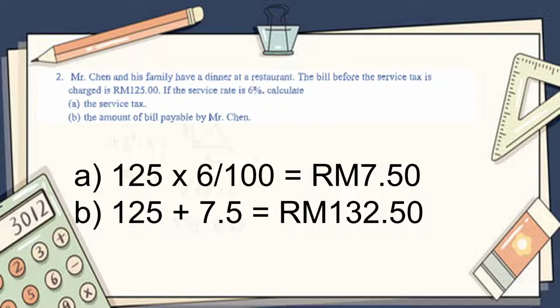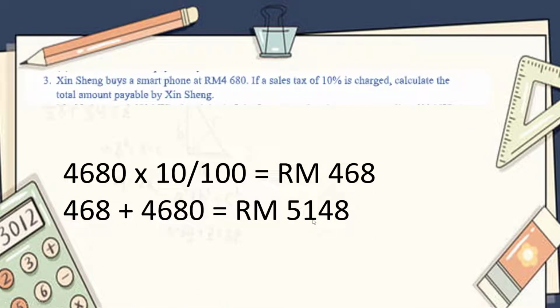And the amount of bill payable by Mr. Chen is 132 ringgit and 50 cents. This is the amount of bill.